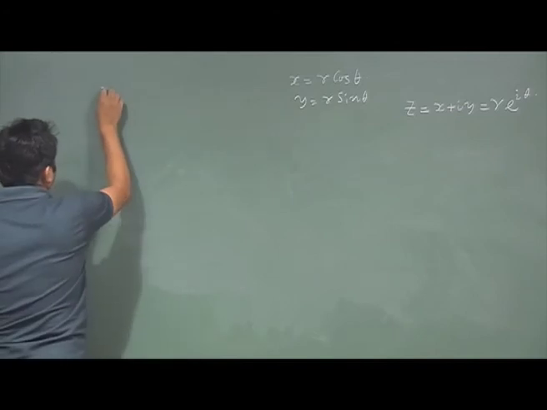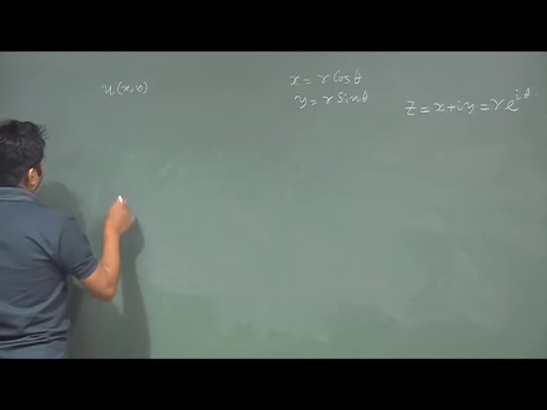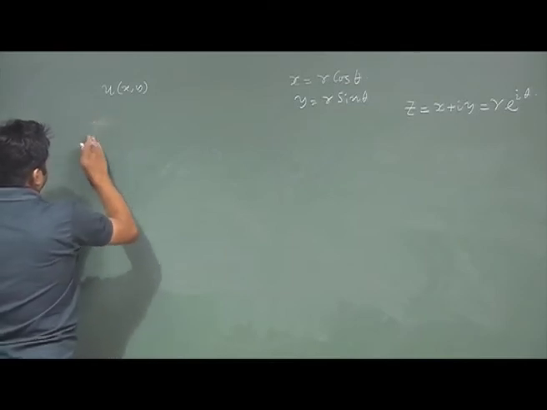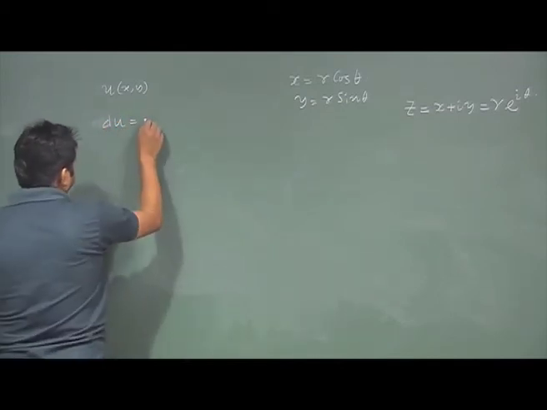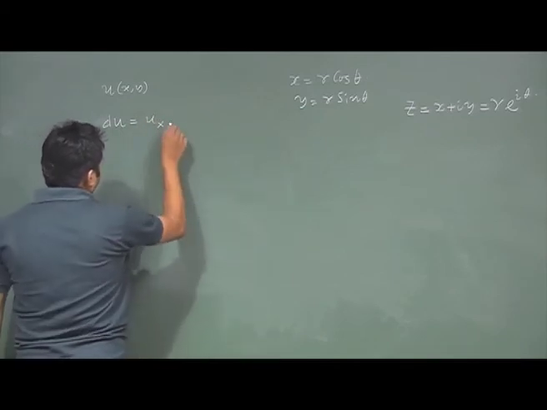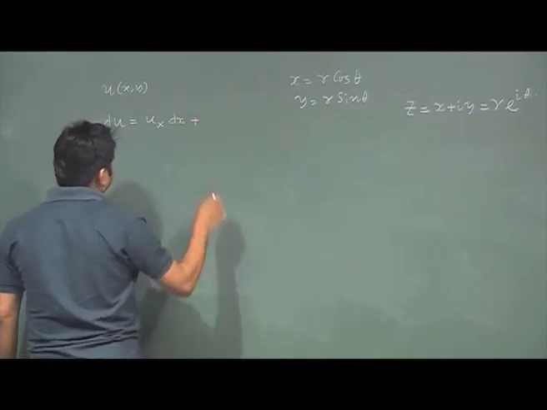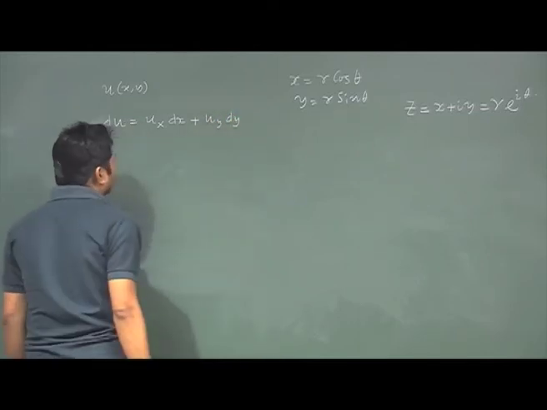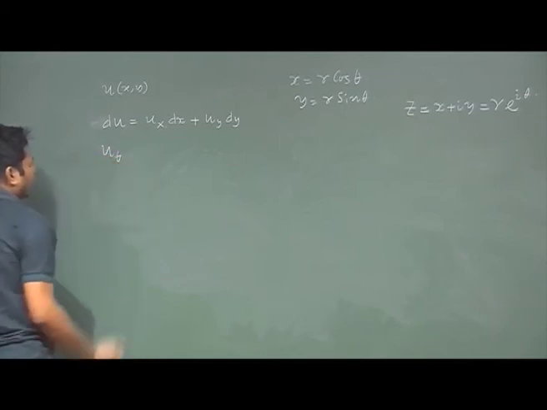So, now u is a function of x and y. So, if I write du, it will be ux dx plus uy dy.